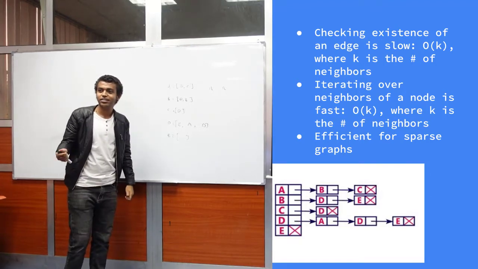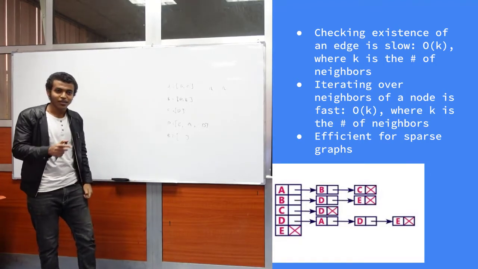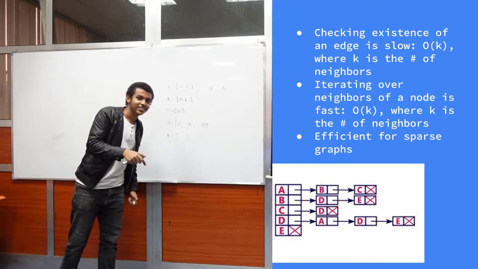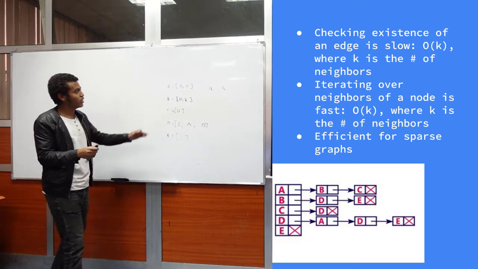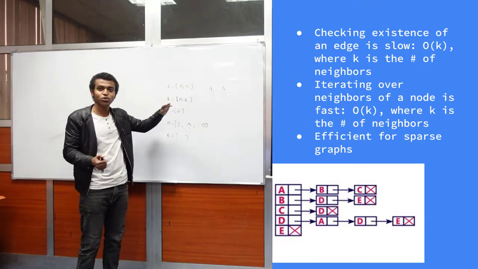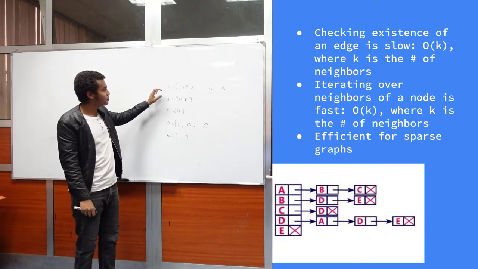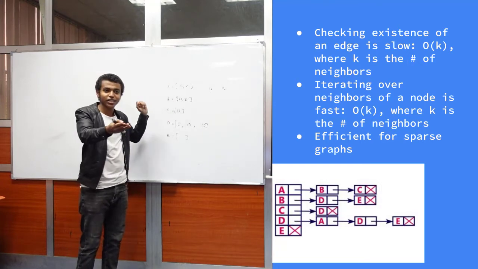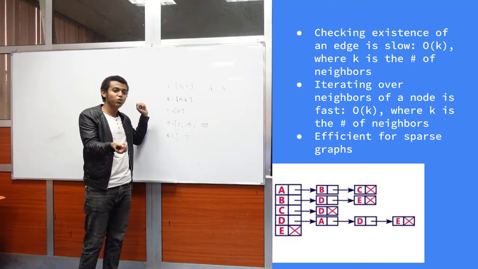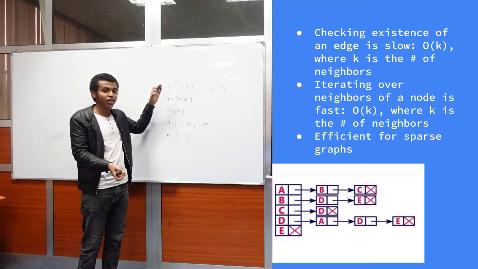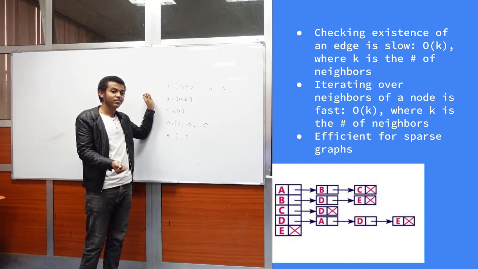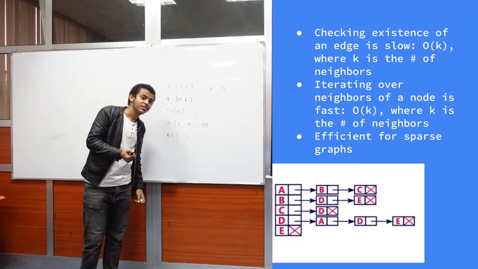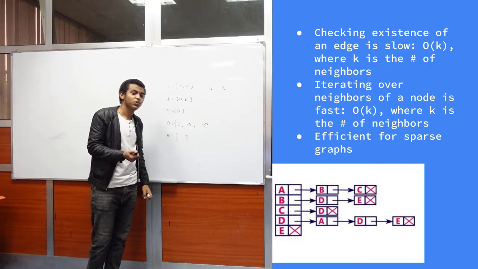If you have any ideas. Changing the neighbors list to a set. Exactly. So if this was a set, in order to check if there is an edge, how would you check that? How would you check if there's an edge between A and C? I will check the second vertex in the set.